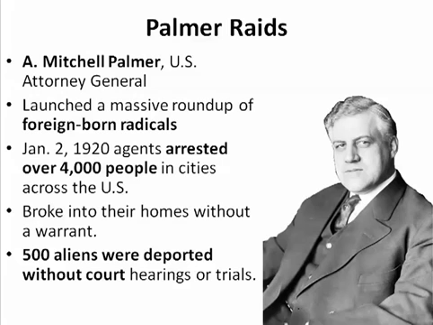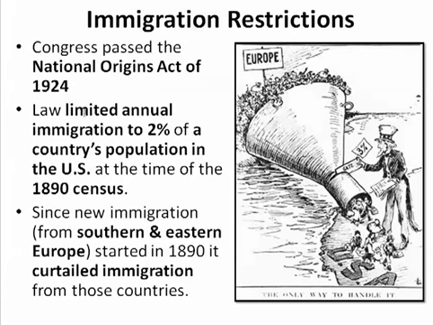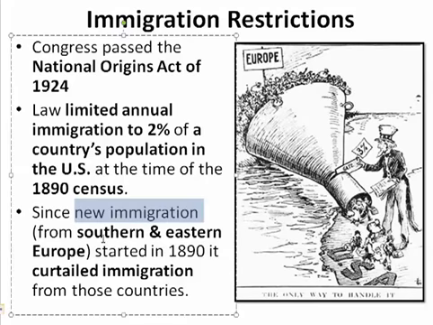But what happens eventually is in 1924, Congress passes what's called the National Origins Act. You remember we talked about new immigration, where a lot of immigrants around the 1890s come from Southern and Eastern Europe. We talked about that. They come into Ellis Island.